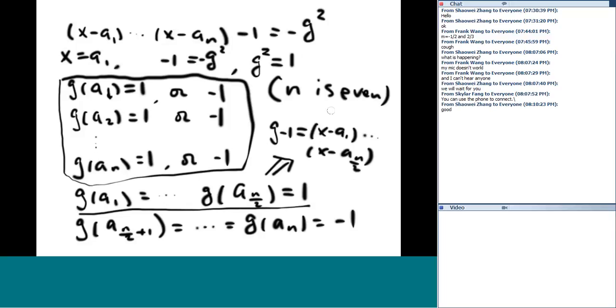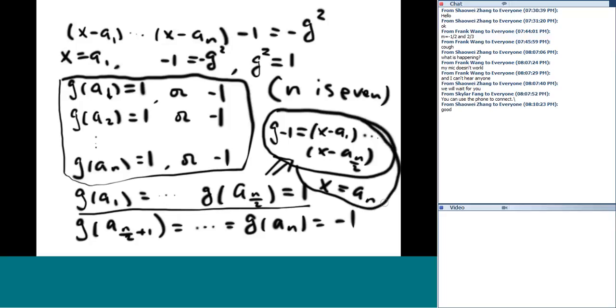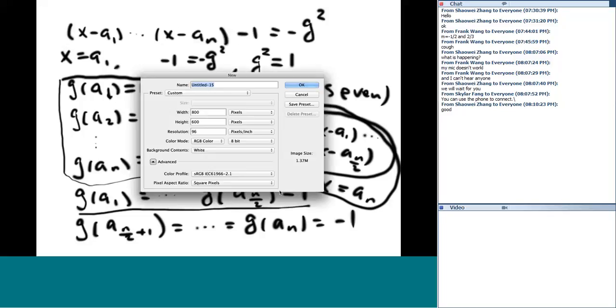When you have that one, you plug in x equal to a pretty big one, saying an. You see the problem? So you say g essentially equals 1 plus (x minus a1) through (x minus an) over 3.